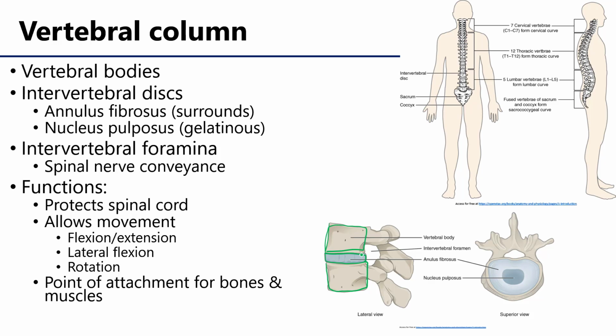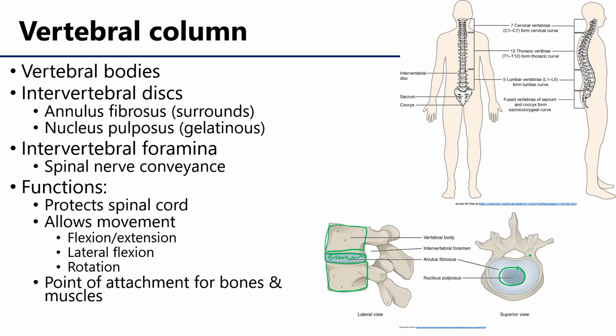These intervertebral discs have two components. There's the annulus fibrosus, which is a very rough and tumble collagenous feature that is surrounding and containing the nucleus pulposus, which is more of a gelatinous structure.